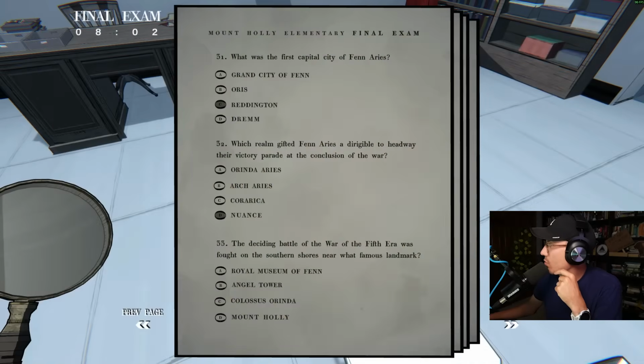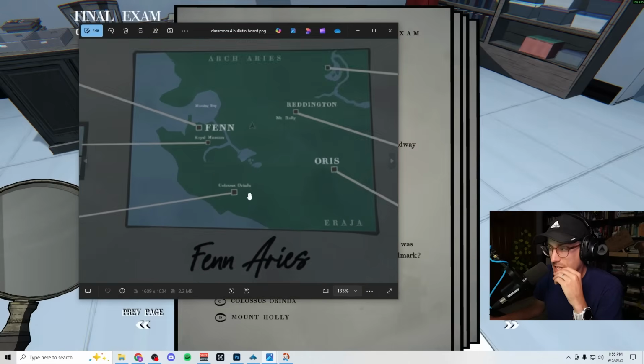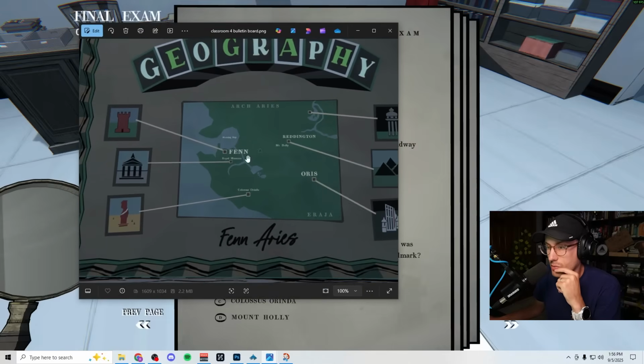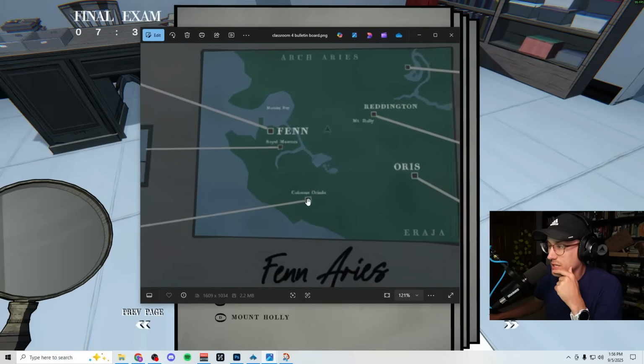Southern shores near what famous landmark? I think it would be this. Colossus Orenda is where we would have to guess. I'm going to guess Colossus Orenda. It's southern shores. It's not exactly on the shore, but it's pretty close.